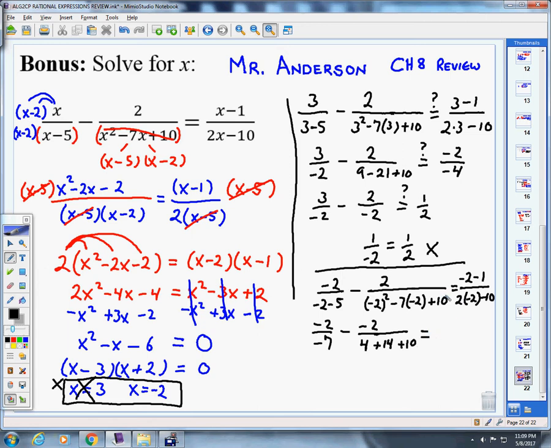And does this equal, negative 2 minus 1 is negative 3, and 2 times a negative 2 is negative 4 minus another 10, so negative 14. Okay, I got negative 2 over negative 7 minus a negative 2 over, add all these together, we got 14 plus 14 is 28.